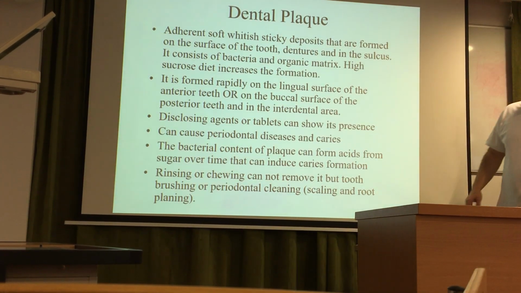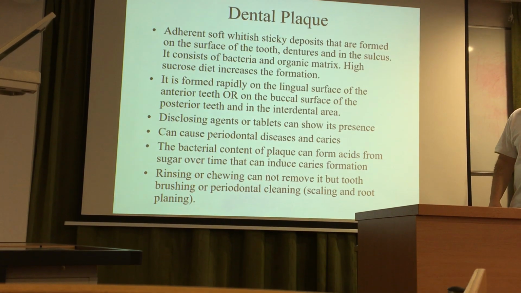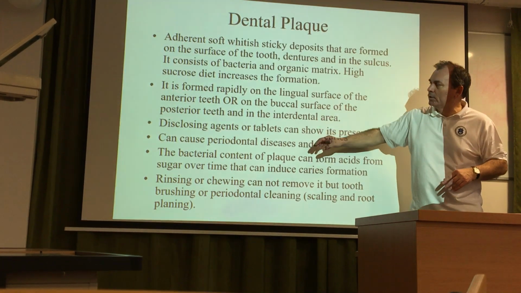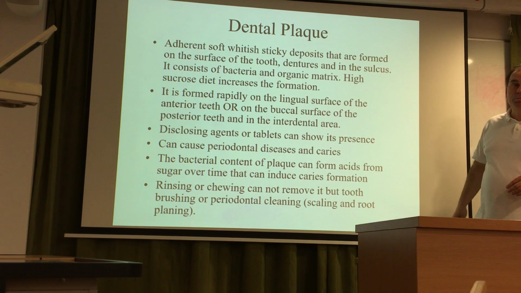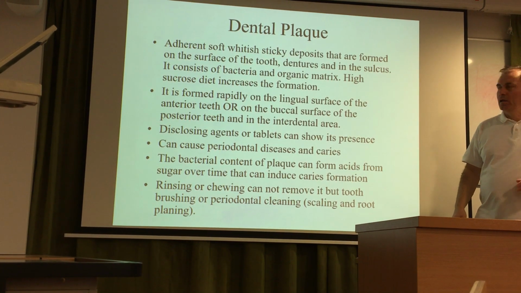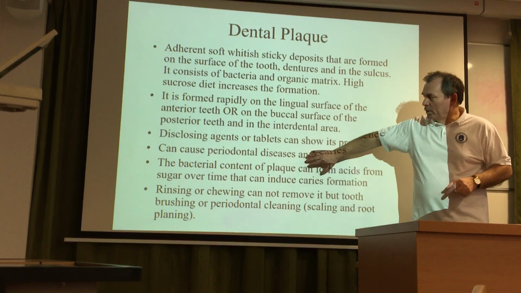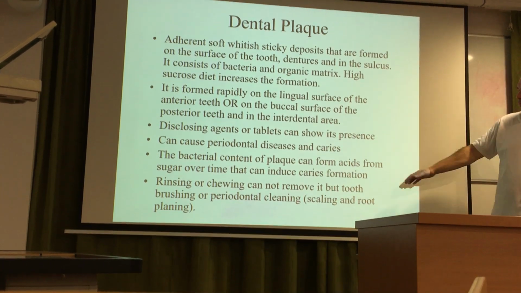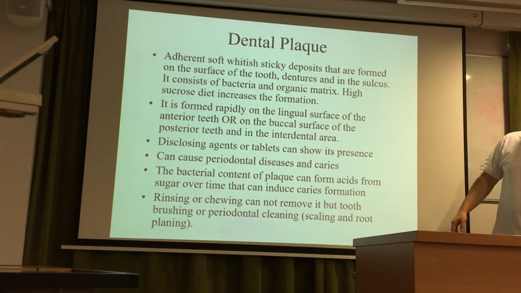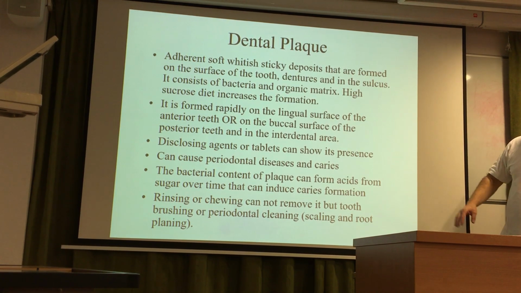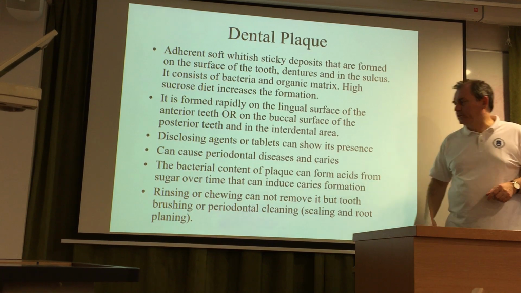And you can use disclosing agents to color the plaque, and you will see where the plaque accumulation is very fast and very effective. The bacterial content is the dangerous part, because we have the macromolecular content of the plaque and the bacterial content, and the bacterial content is dangerous.